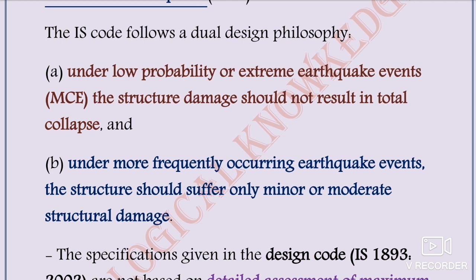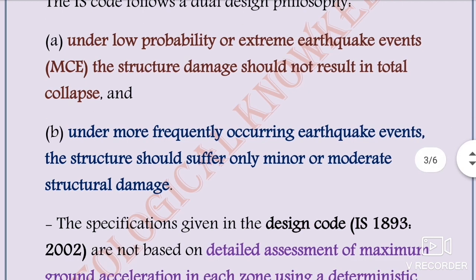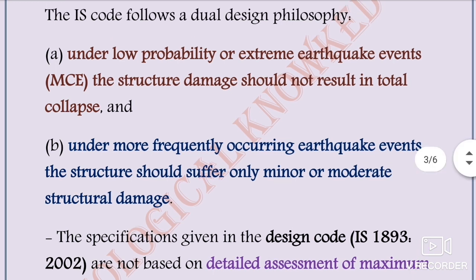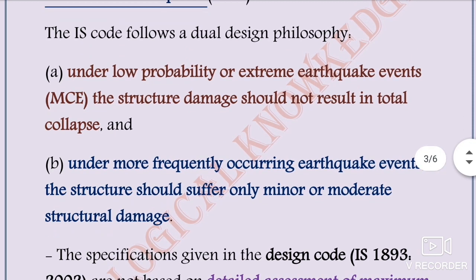And under more frequently occurring earthquake events, the structure should suffer only minor or moderate structural damage. So the code refers to two things: one, that structural damage should not result in total collapse, and another, that the structure should suffer only minor or moderate structural damage.